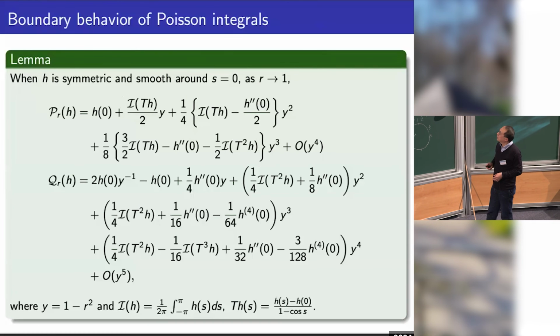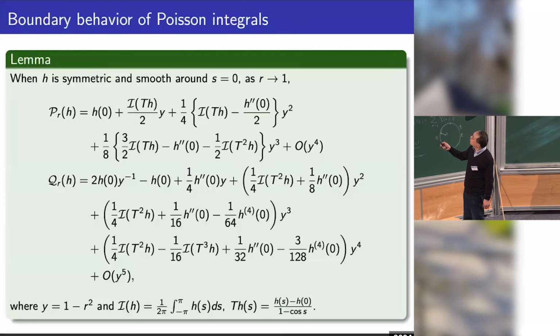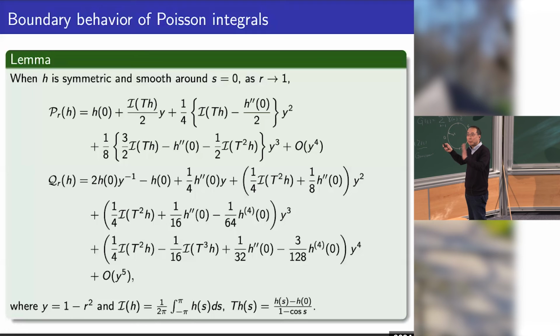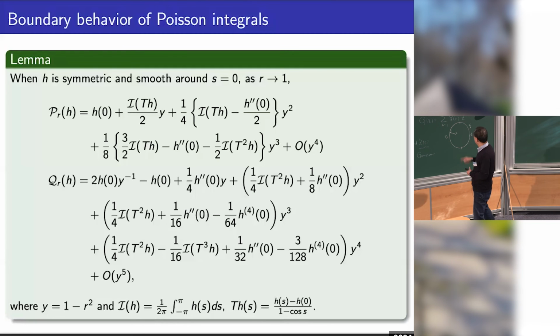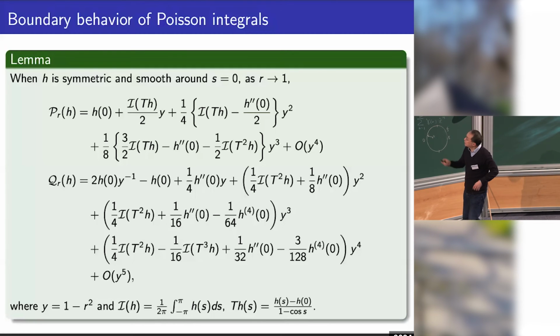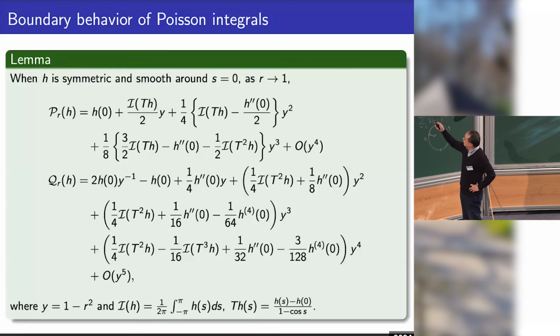Actually, we can do that. For example, for the Poisson integral, this part is very famous: it approaches the boundary value. As r goes to 1, the Poisson integral converges to the boundary value, but you can see the asymptotic expansion like this.